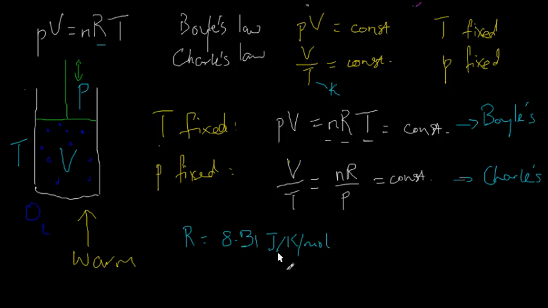It doesn't change if I change to another gas. Right? If I change to another gas, I might have a different pressure, different volume, different number of moles, different temperature. Doesn't matter. But the R would be the same. So that makes the ideal gas law a lot more convenient and a lot easier to use, and in a way a lot more useful.